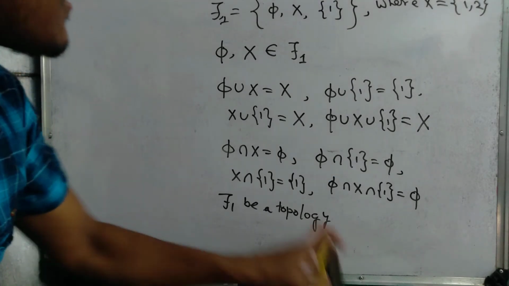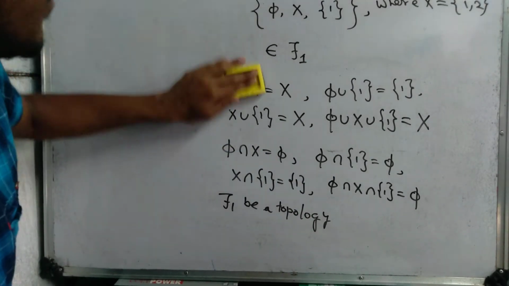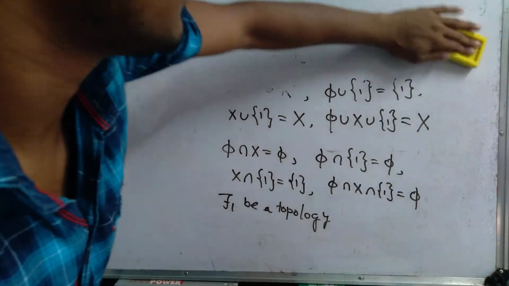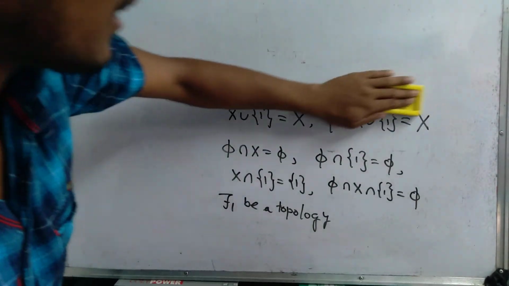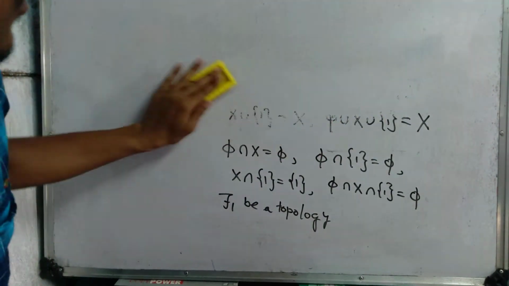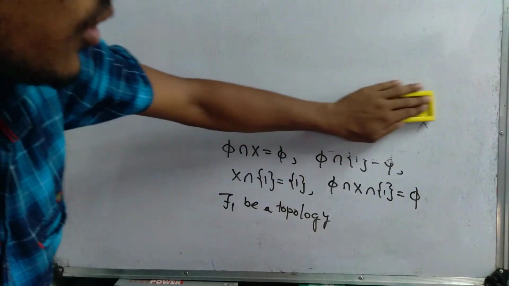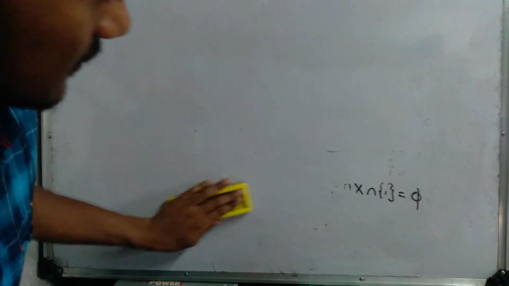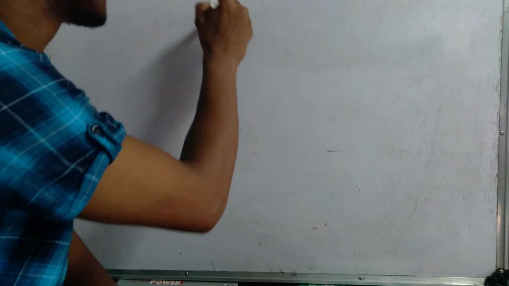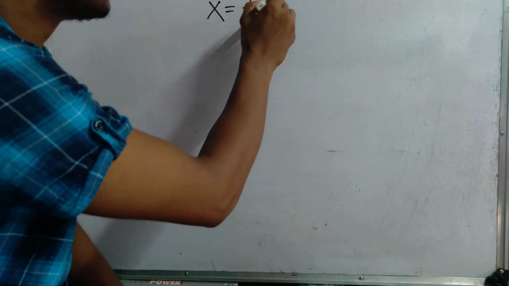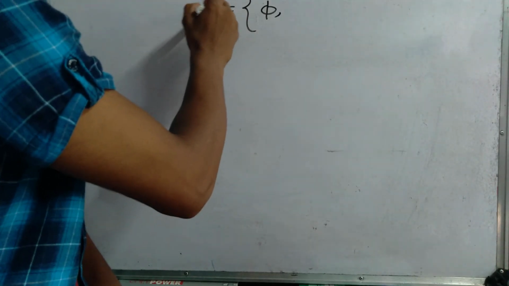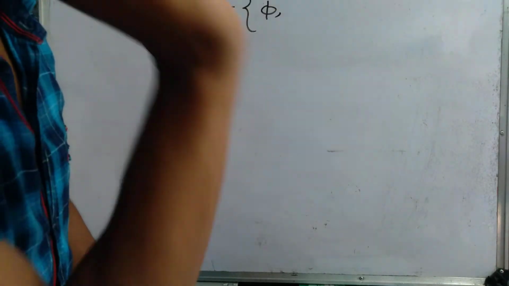Now we discuss one more example, which is so simple. We first talk about simple examples because simple examples help us understand the topic. So we start from a simple example. Now we construct one example, and we check whether this collection is a topology or not.